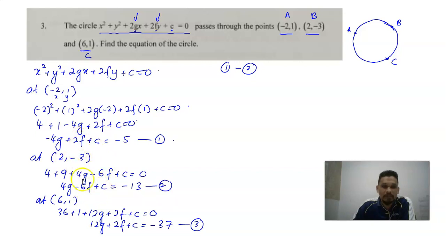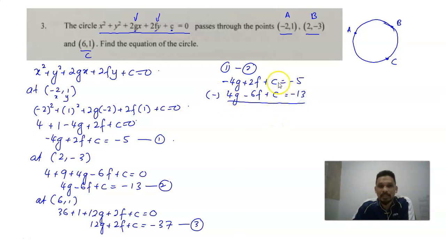So -4g plus 2f plus c equal to -5, and 4g minus 6f plus c equal to -13, subtract. Then -4g minus 4g is -8g, and 2f plus 6f equals 8f, equal to -5 plus 13, which is 8.